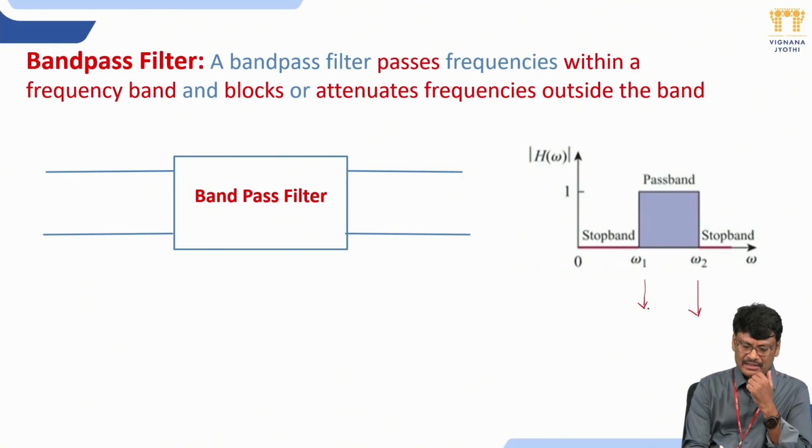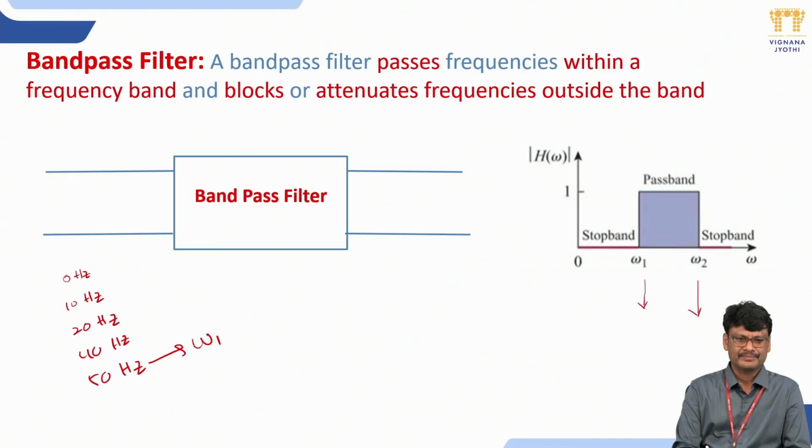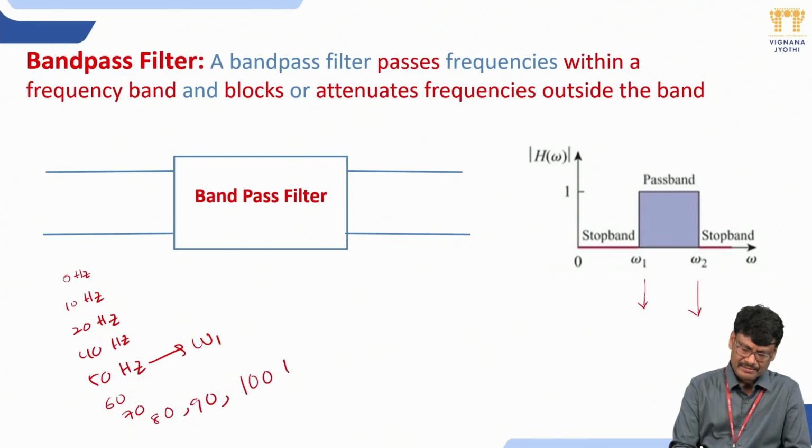Just assume that I give some input signals to the filter: 0 hertz, 10 hertz, 20 hertz and 40 hertz, then 50 hertz, which is omega 1, and after that 60, 70, 80, 90, and the last one 100 hertz.